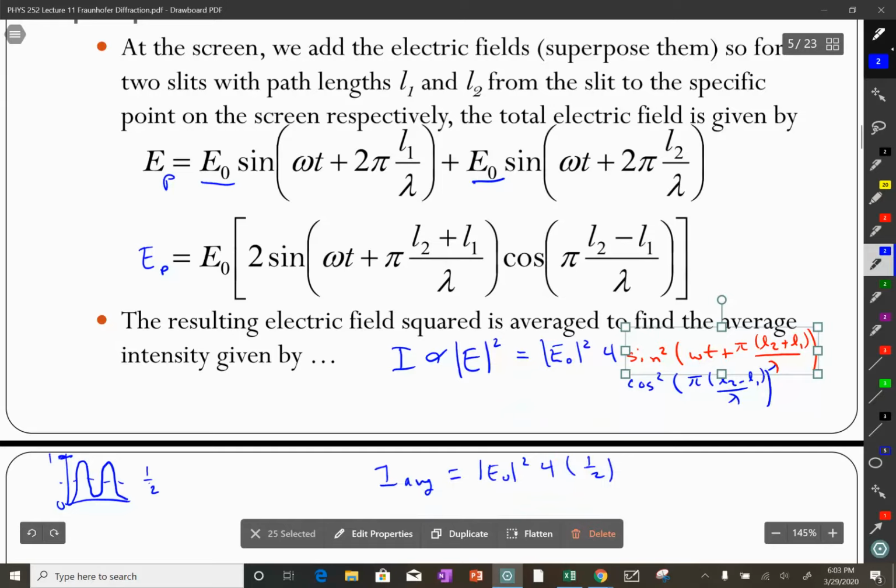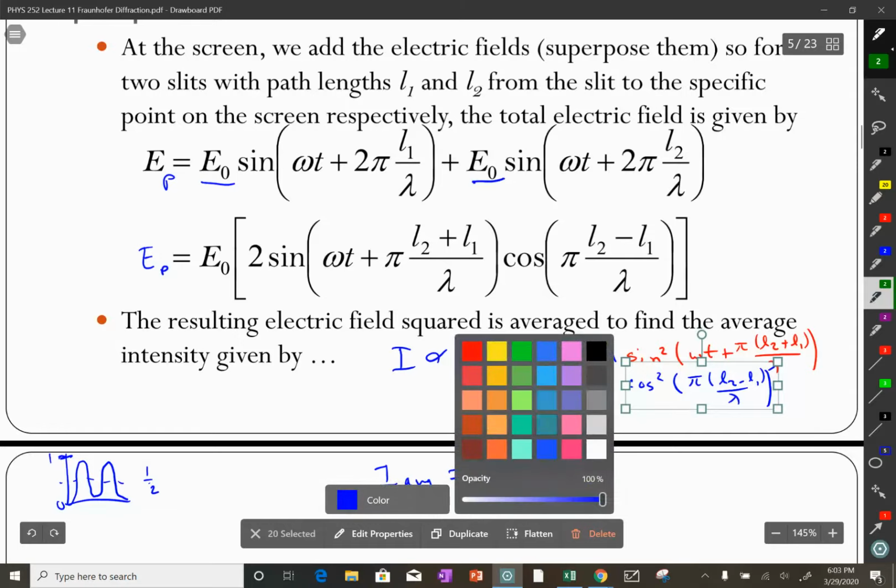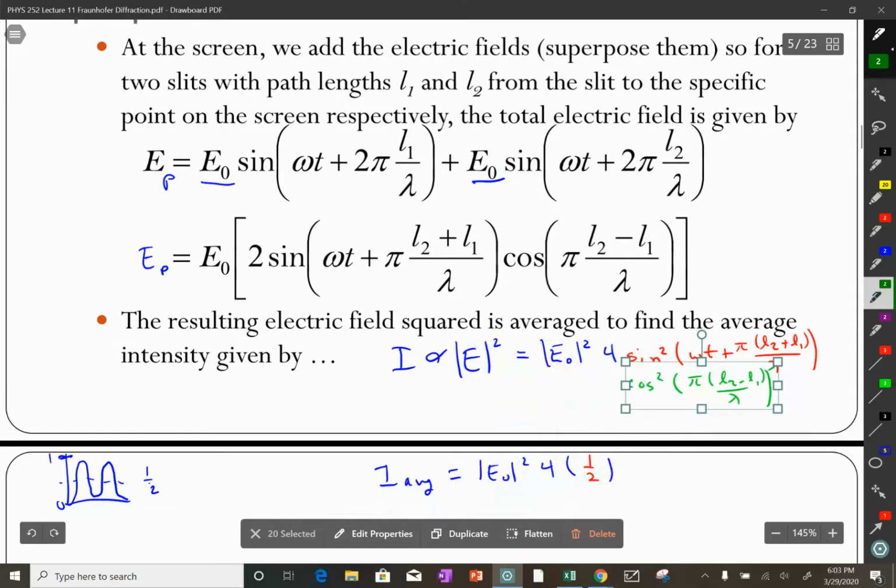Hey, it changed all but one stroke. And so the average of that stuff in red is 1/2. And then the time average of the cosine term is just the same as what we have. It's no different. And so that's going to be times cosine squared of pi times (L2 minus L1) over lambda.